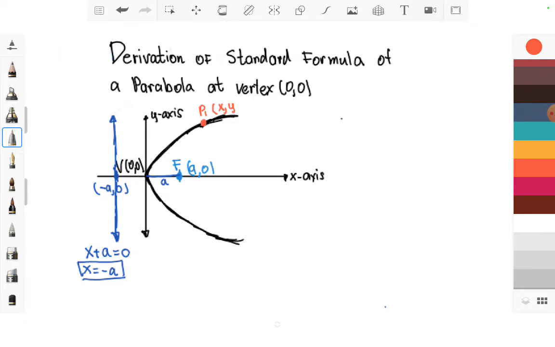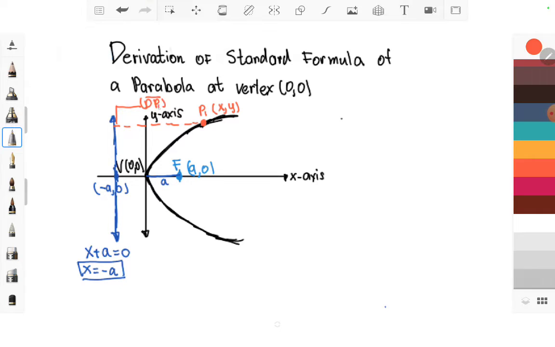So take note that the distance from (x, y), which is perpendicular to my directrix, let's call this distance dp1.